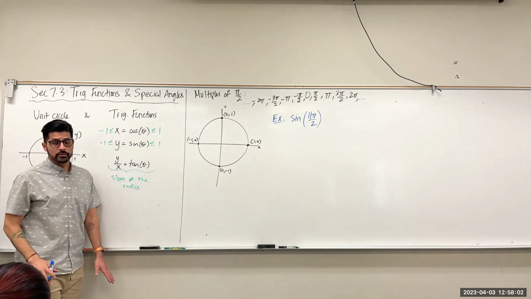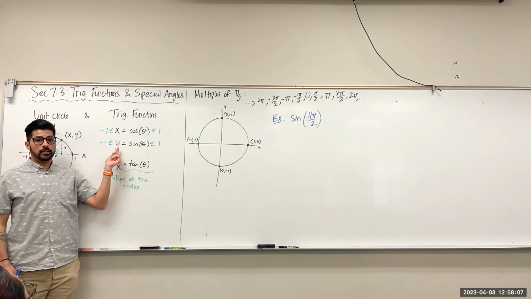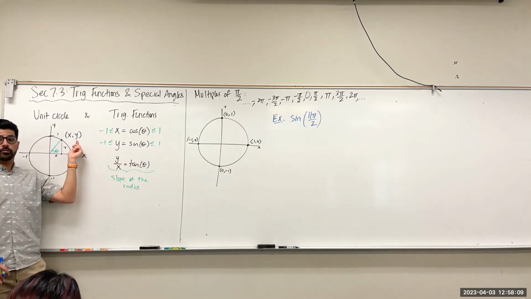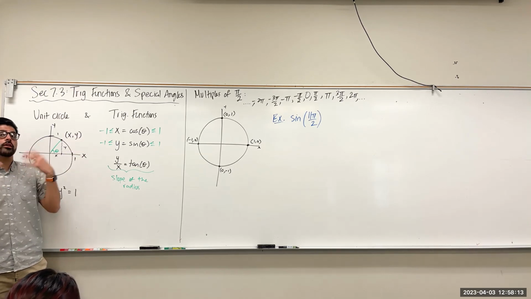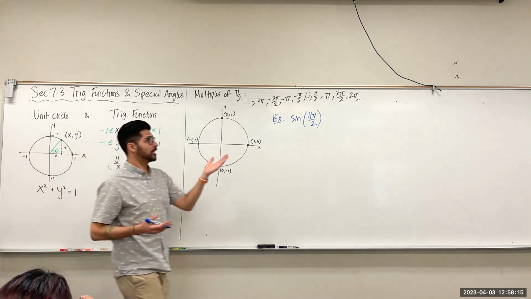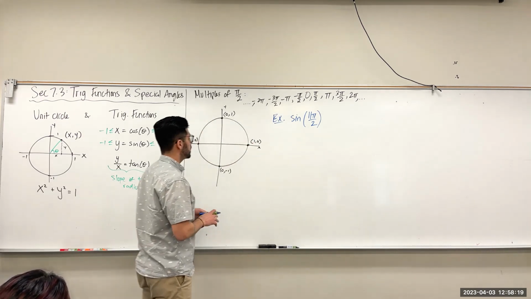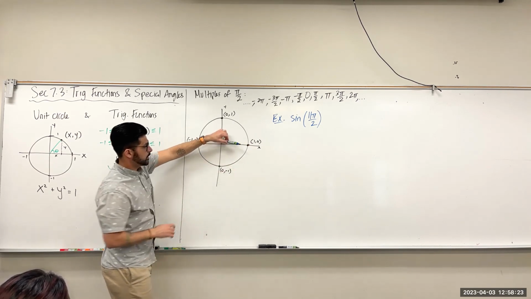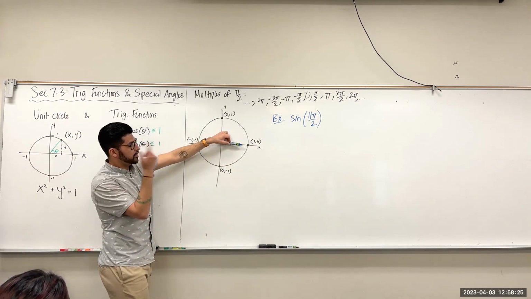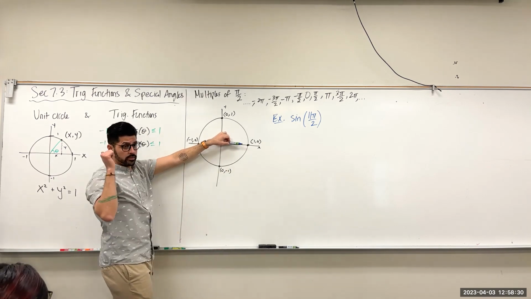without a calculator, you're going to use the fact that on the unit circle, sine is going to be the y coordinate of the point where your radius rotates. But you need to know where it rotated so that it rotates 11 pi over 2. So you're always going to start in your standard position here on the positive x-axis. Is it positive or negative? Positive. So we're going to rotate counterclockwise.